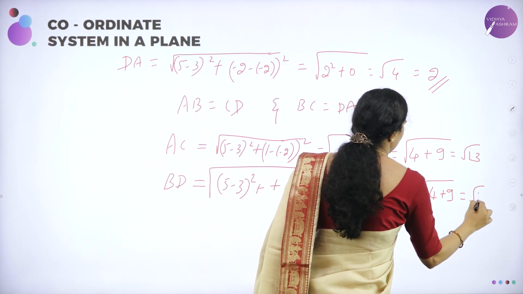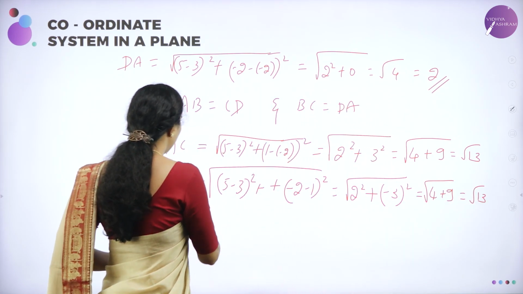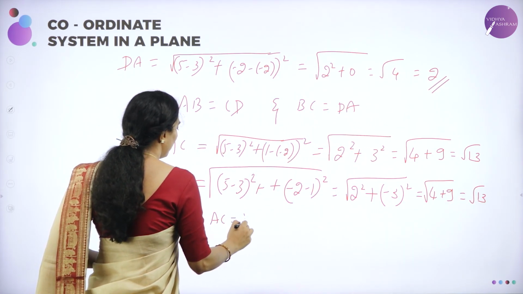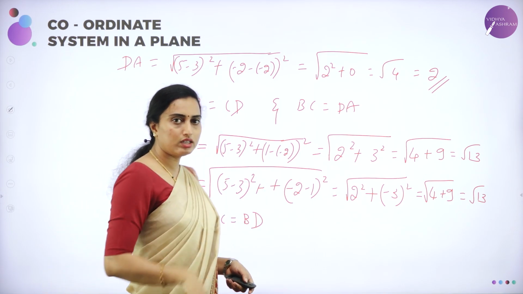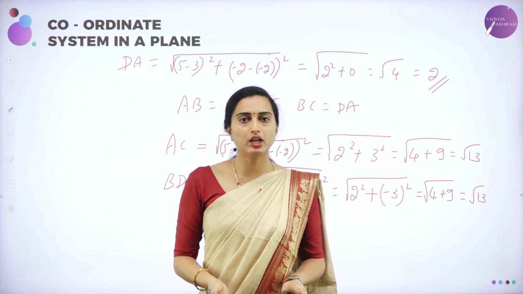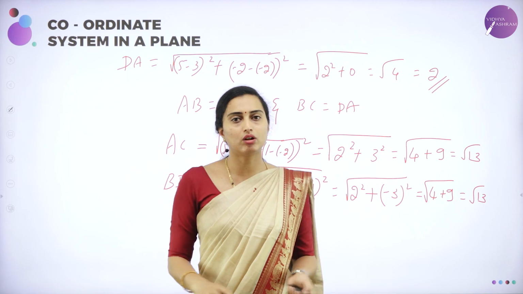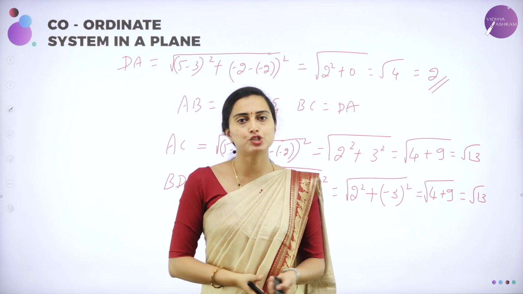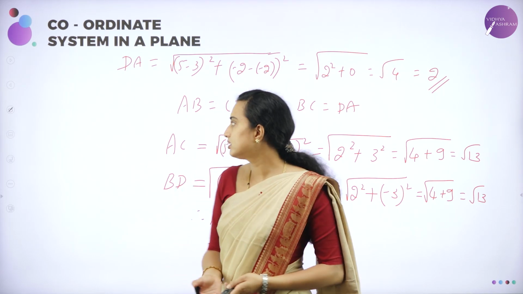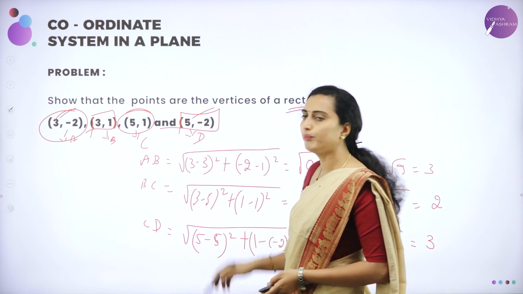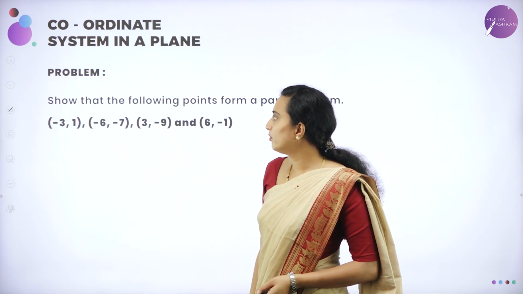So therefore root 13, isn't it? Therefore AC is equal to BD. Opposite sides are equal and diagonals are also equal. Therefore it is said to be a rectangle, isn't it? That's what they have asked you to prove. Any doubt? So we'll be moving on to the next problem.